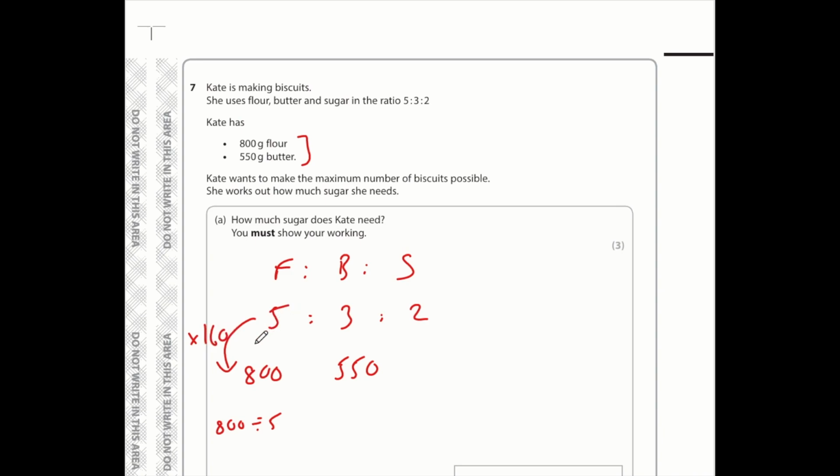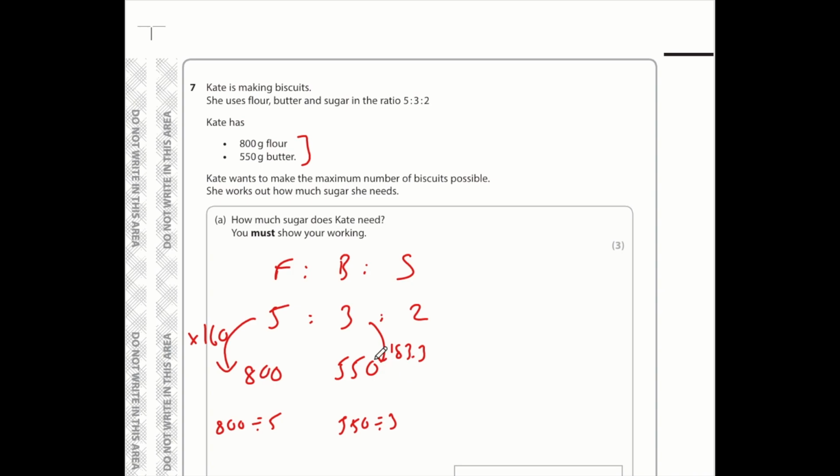Okay, so in an ideal world, we would have 3 times 160 amount of butter. Well, let's just test this out as well. So if we're scaling the ratio, just looking at the butter from 3 to 550, well, again, let's do the same thing. What is 550 divided by 3? And 550 divided by 3 is 183.3.